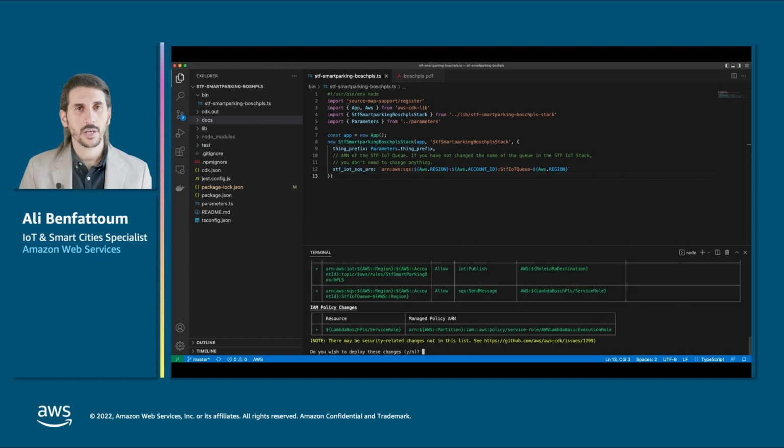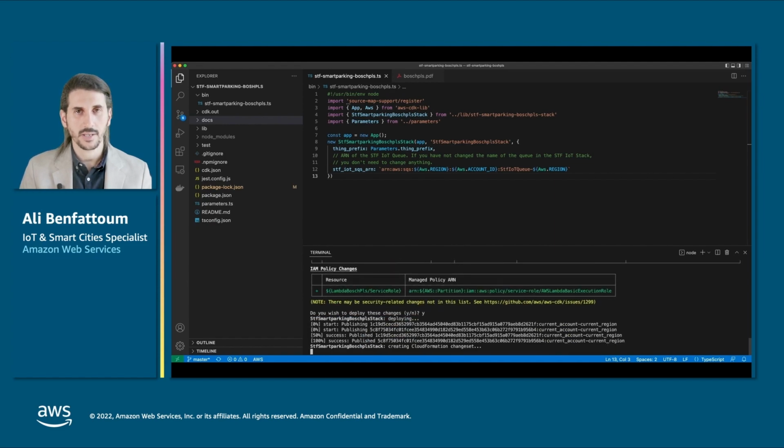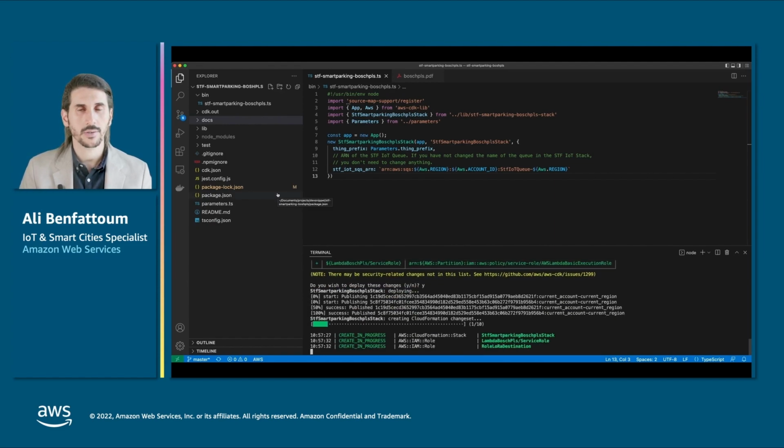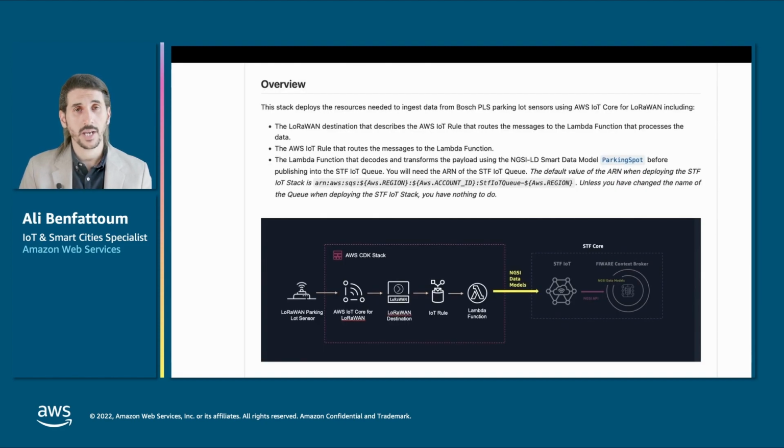The stack deploys the resources needed to ingest data from the Bosch parking lot sensors using AWS IoT Core for LoRaWAN, including the LoRaWAN destination that describes the AWS IoT rule that routes the messages to the Lambda function that processes the data, the AWS IoT rule that routes the messages to the Lambda function, and finally the Lambda function that decodes and transforms the payload using the NGSI-LD Smart Data Model parking spot before publishing it into the STF IoT queue.